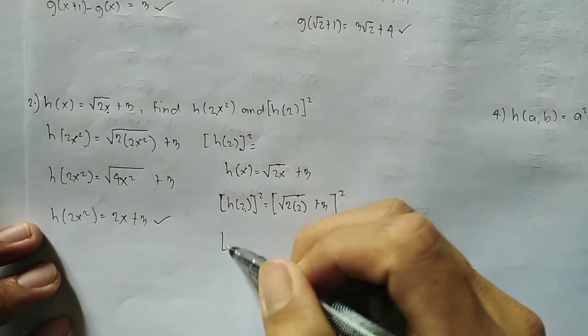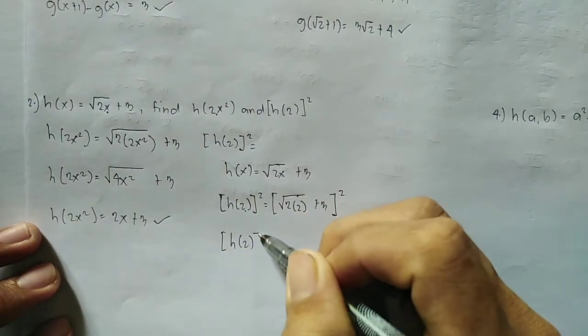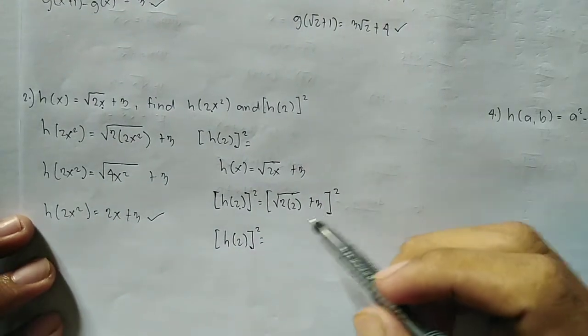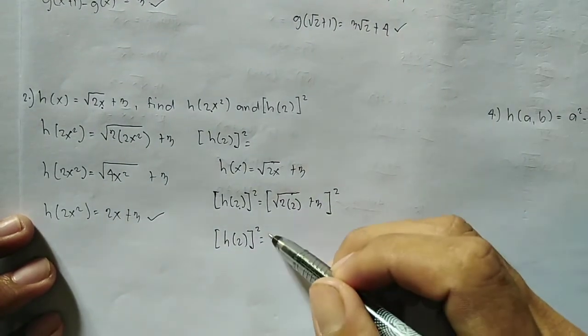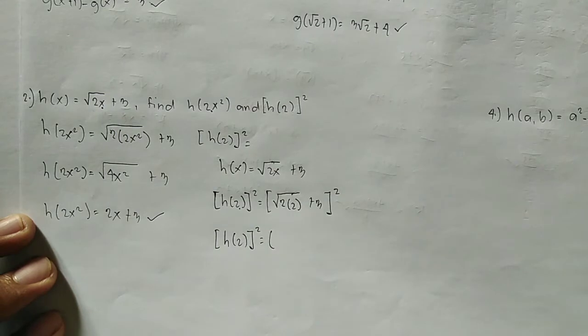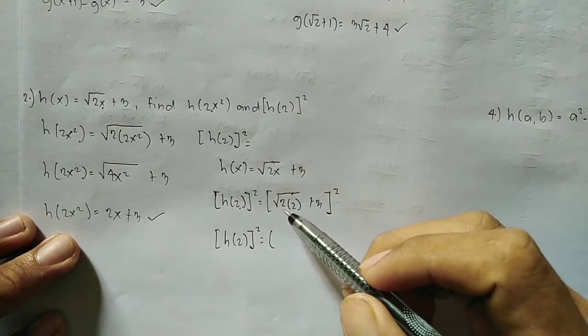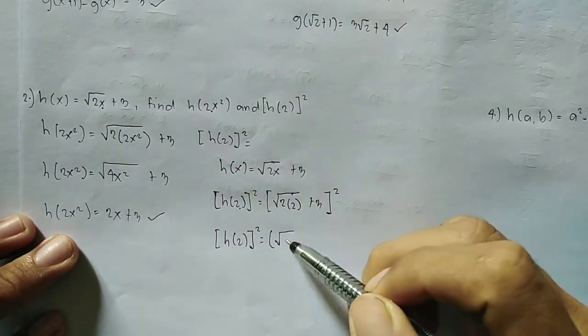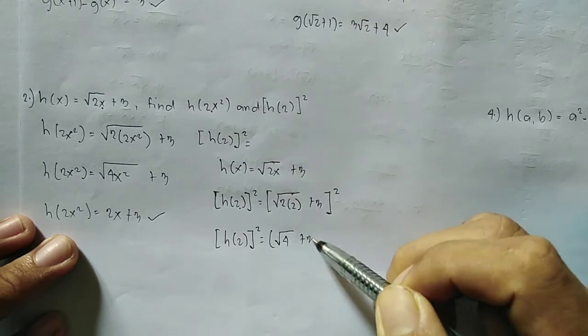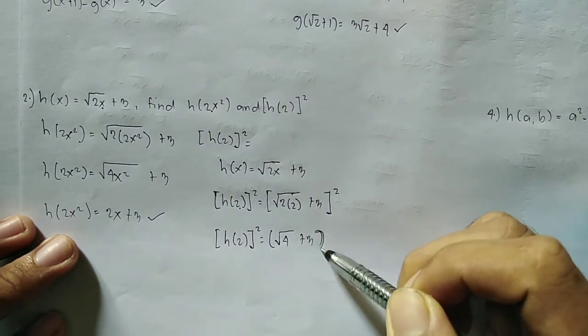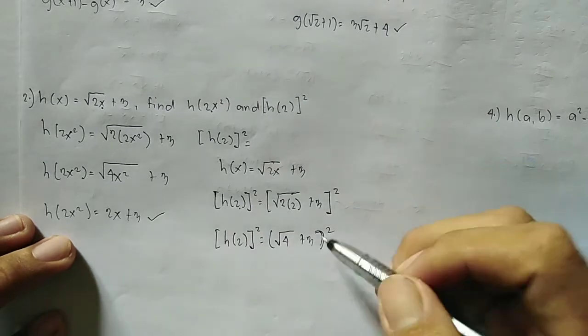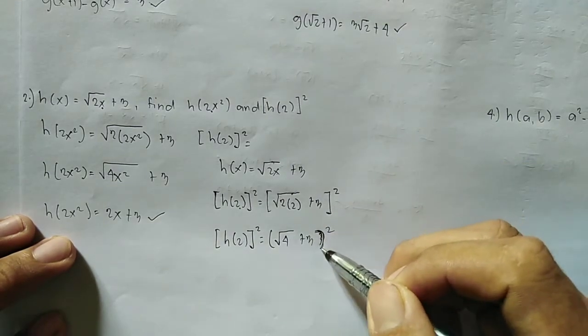So now let us proceed and simplify. So we have the square root of 2 times 2, that is 4, then plus 3, then squared. Sorry for this, this is a parenthesis.